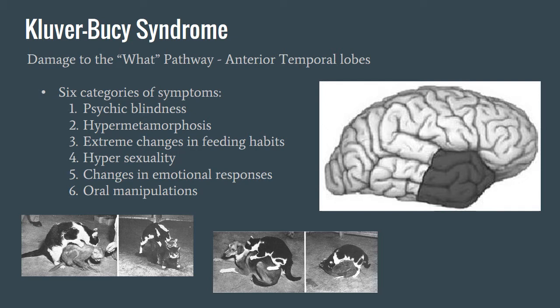The sixth is oral manipulations, which is when there is manipulation of the lips, teeth, and gums, and you examine objects by licking, biting, and chewing. The two pictures at the bottom of this slide show the hypersexuality of a cat whose anterior temporal lobes had been removed.